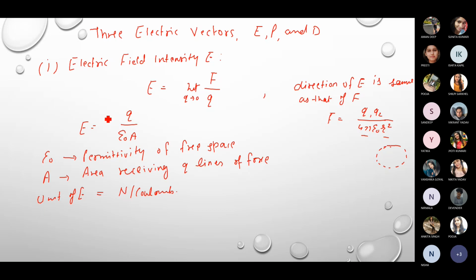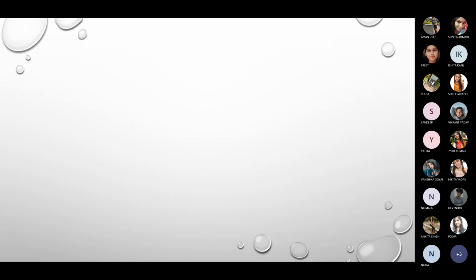Second vector is P. P is the polarization vector. This we have also discussed earlier. In the absence of an electric field, the molecules of a dielectric become polarized and gain electric dipole moment, right?